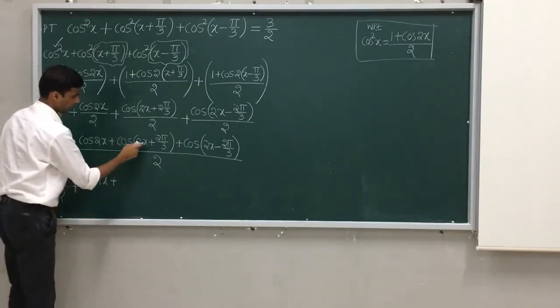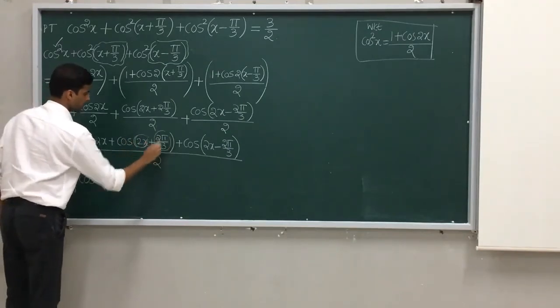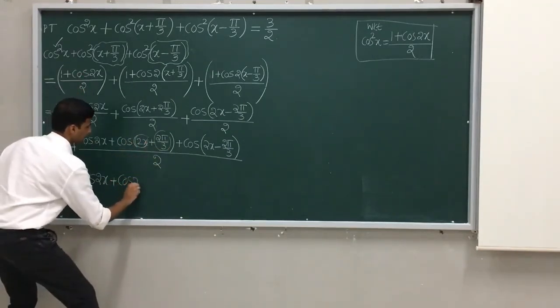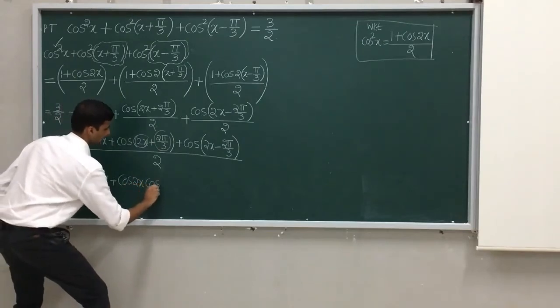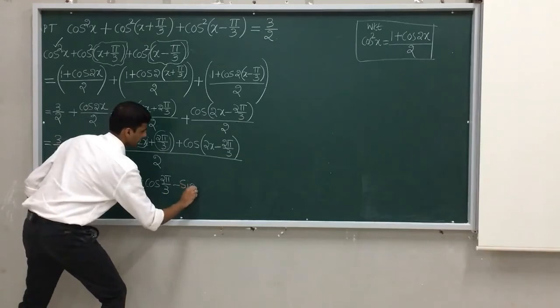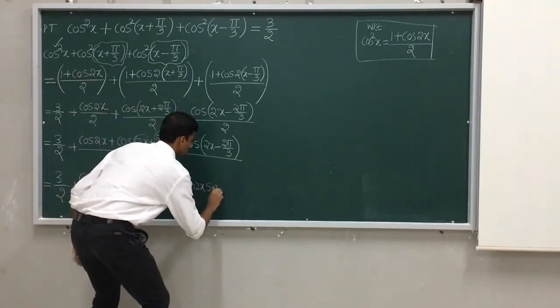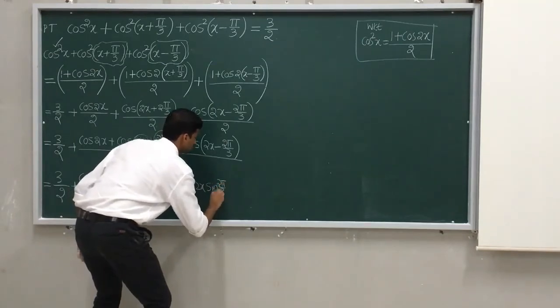I know cos of (x plus y). What is cos of (x plus y)? This is x, this is y. It is cos x cos y minus sin x sin y.